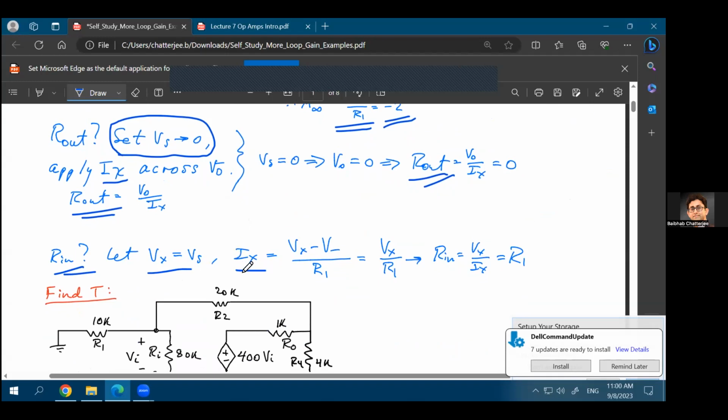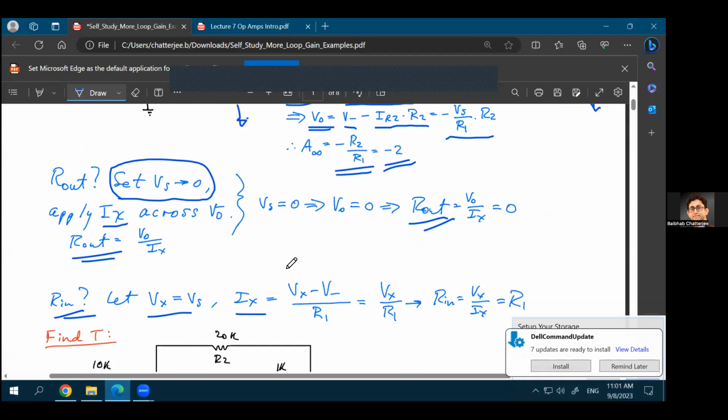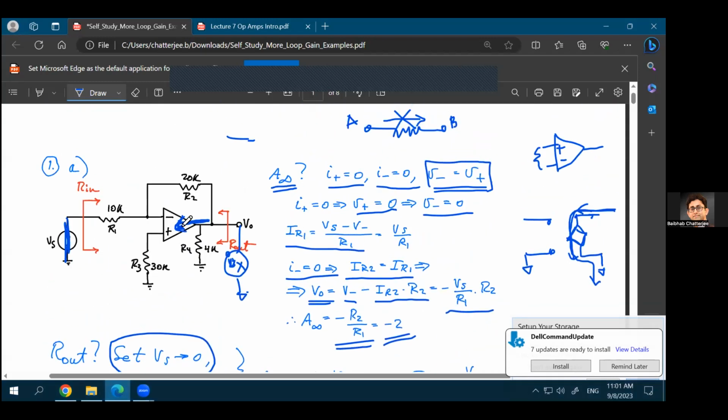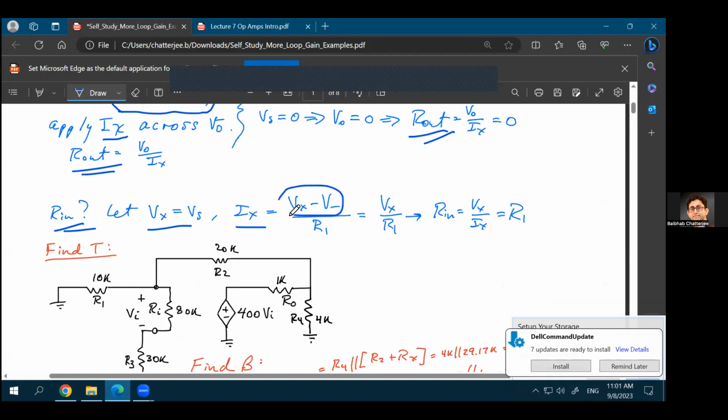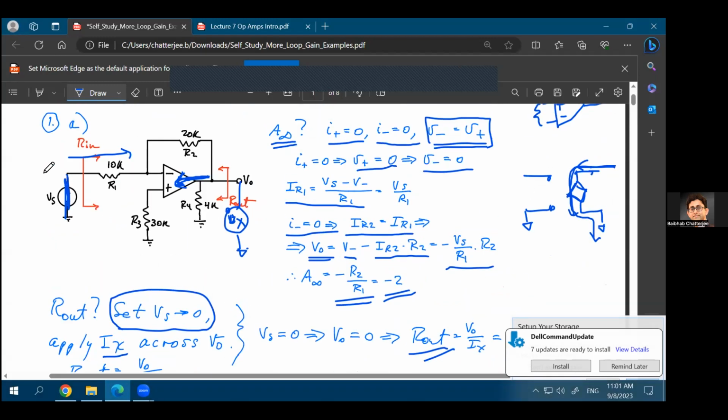What would be your Ix? What would be the current that is going in? You already calculated that. The current going in is the current going through this R1 resistance. So that would be equal to Vx minus V minus. This point's voltage is Vx because you're connecting an arbitrary amount of voltage to find out Rin at this point.